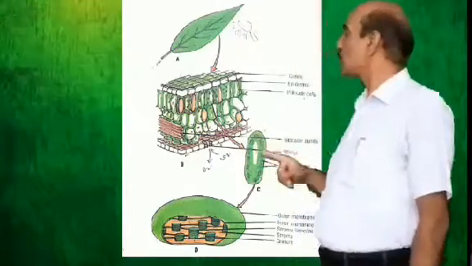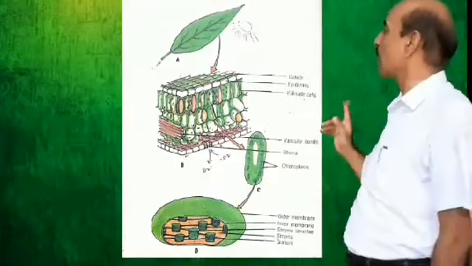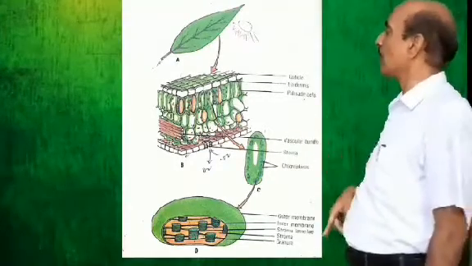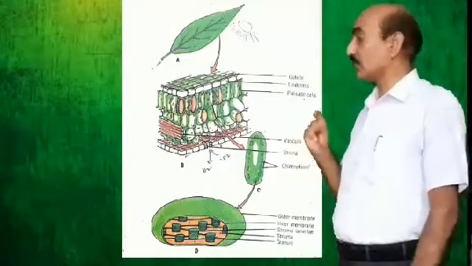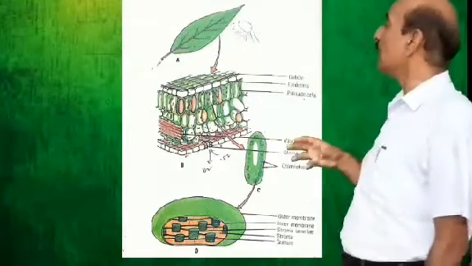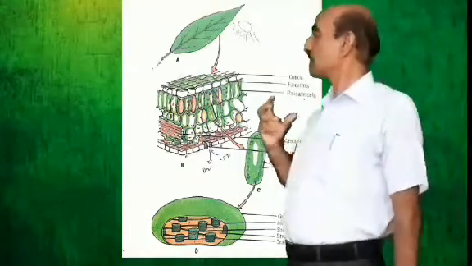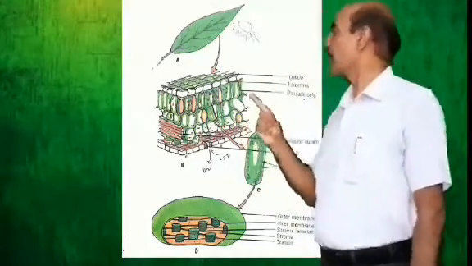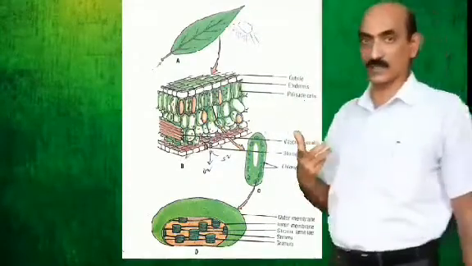Oxygen that is produced during photosynthesis is liberated through the leaves in atmosphere through that stomata, and carbon dioxide that is required for the photosynthesis is entering through that stomata. Now let's see the single cell and then we could understand how photosynthesis occurs.